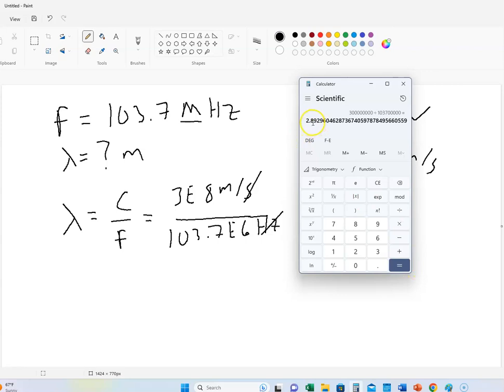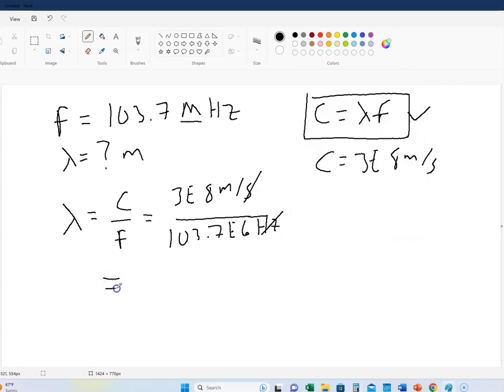We'll round it to one place past the decimal, so it's going to be 2.9. The wavelength turns out to be 2.9 meters. Like I would ask you, round this to one place past the decimal. What's the wavelength in meters? So you'd type 2.9.